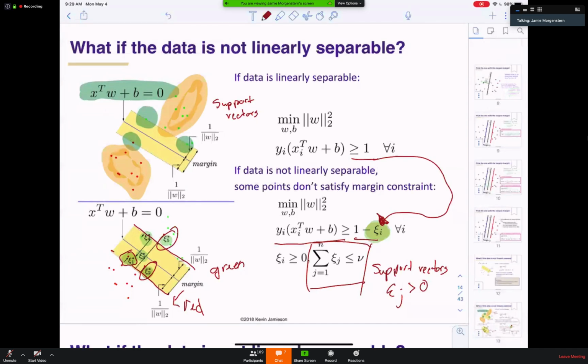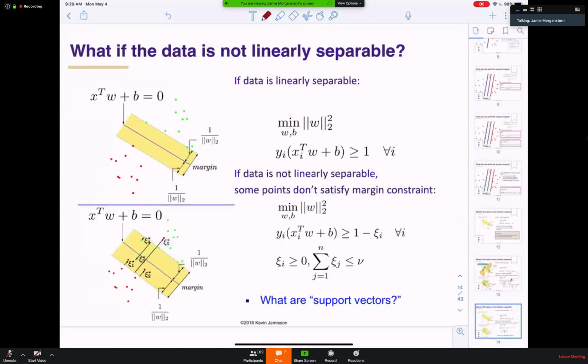So we just said what the support vectors are in both of these cases. In the former case, it's just the points which are closest to the decision boundary. And in the latter case, they're any point which violates the margin condition. You can see the former is actually the limit of the latter if points are getting closer and closer to satisfying the margin condition.